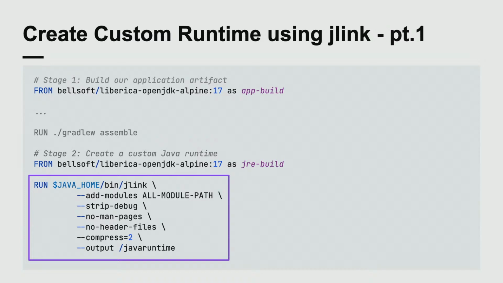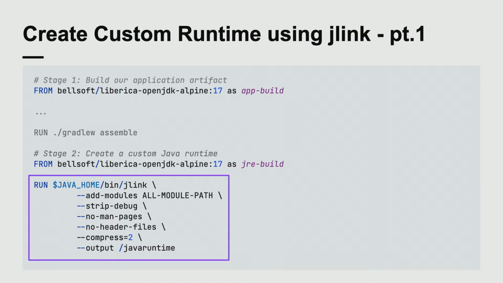The tactic we use is to create a custom runtime using the jlink tool, which is provided in the JDK. In this example, we separate our Dockerfile into 3 parts. In the first part, we use the OpenJDK from Liberica as a build tool to build our fat jar.